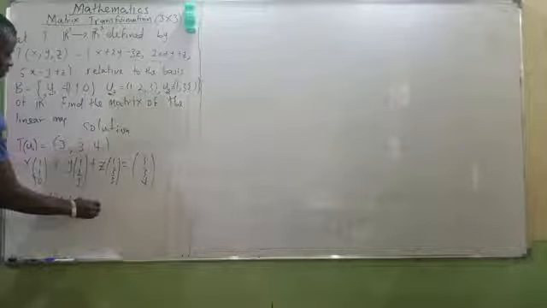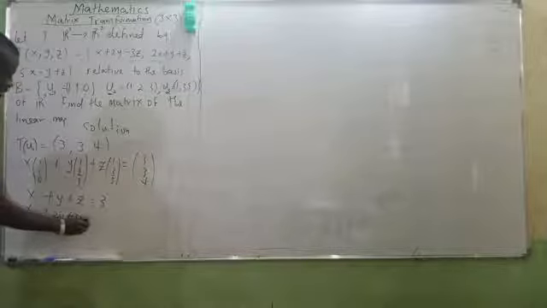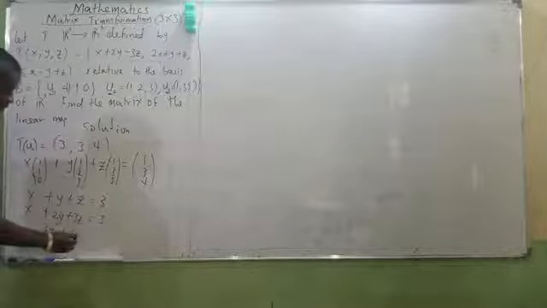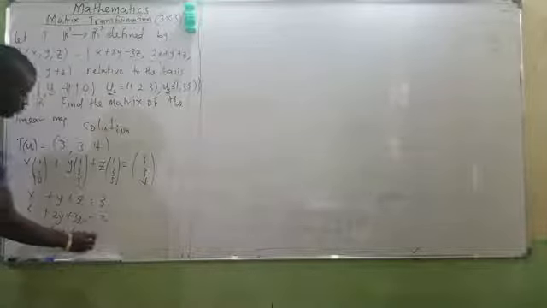So I'll have x plus y plus z equals 3, and also x plus 2y plus 3z equals 3, and also I'll have 3y plus 5z equals 4. That is what we are going to be talking about.